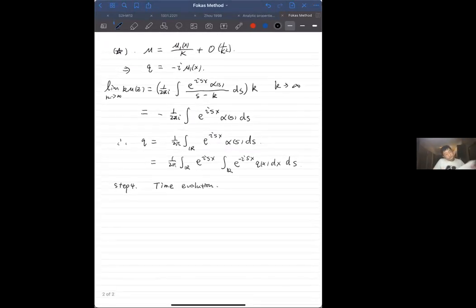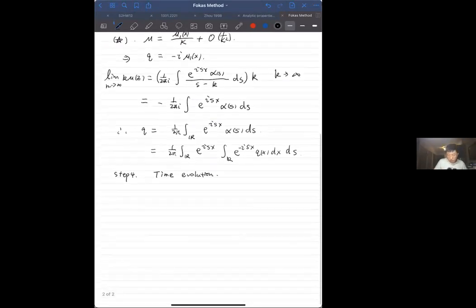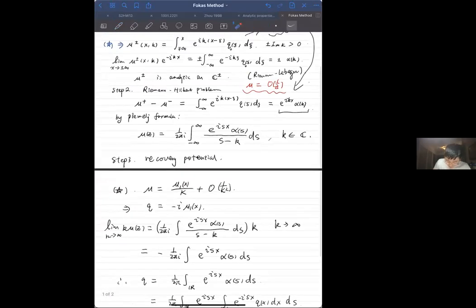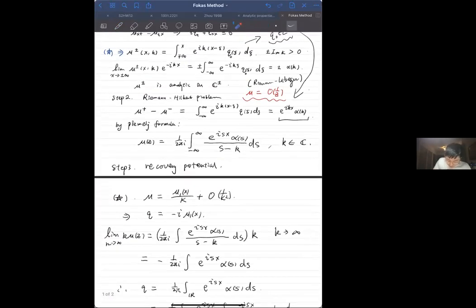So time evolution comes from where? It's from this asymptotic behavior.